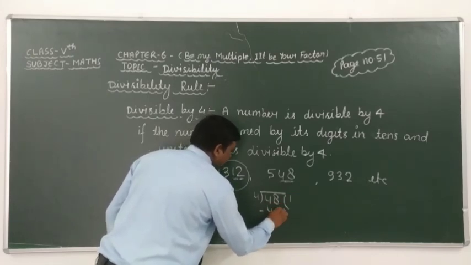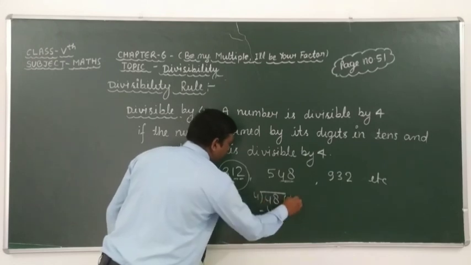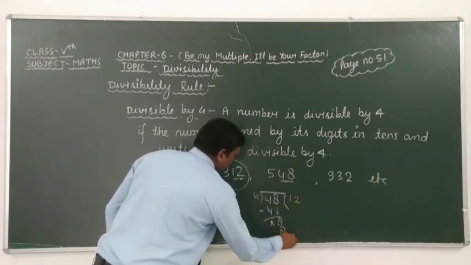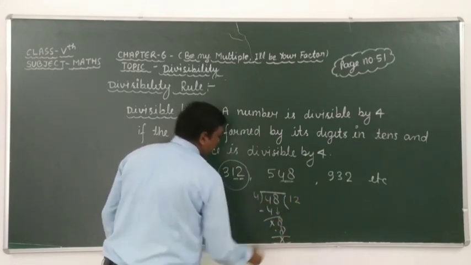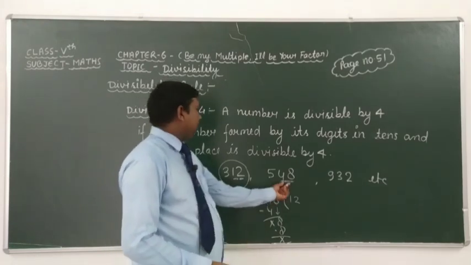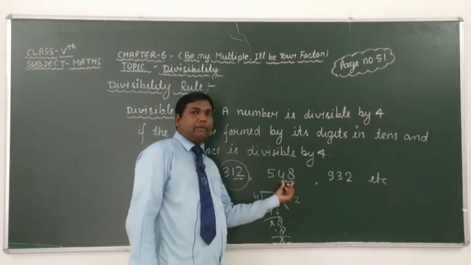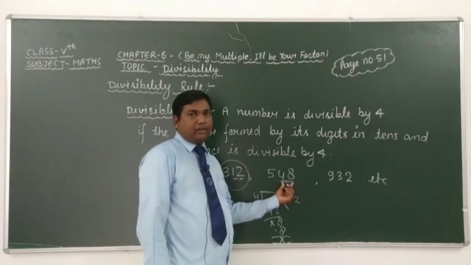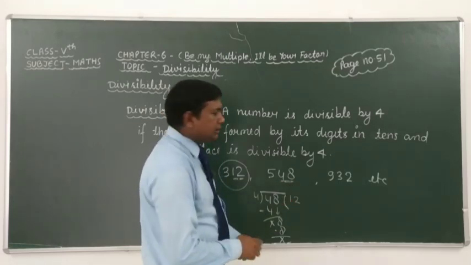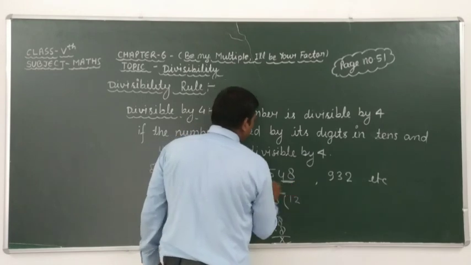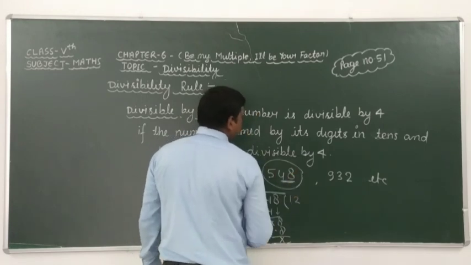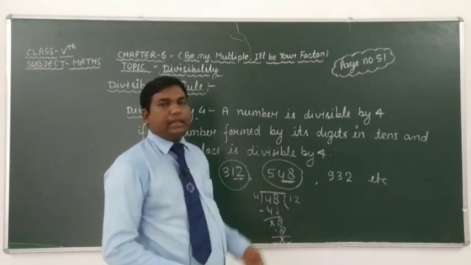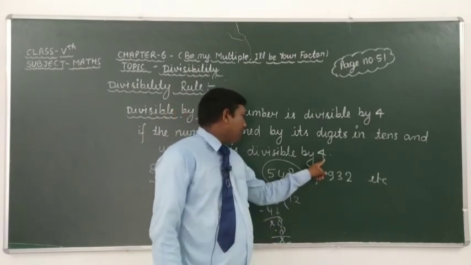Then we take 8, 4 2s are 8, and after subtracting these, we get 0. Therefore, we can say that 48 is divisible by 4. Therefore, we can say that 548 is also divisible by 4.